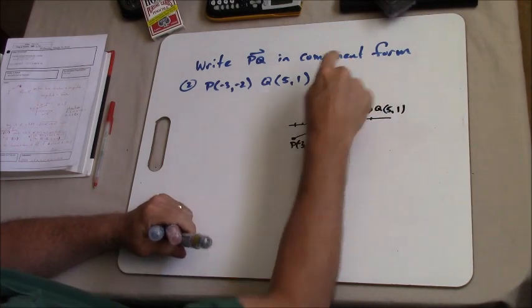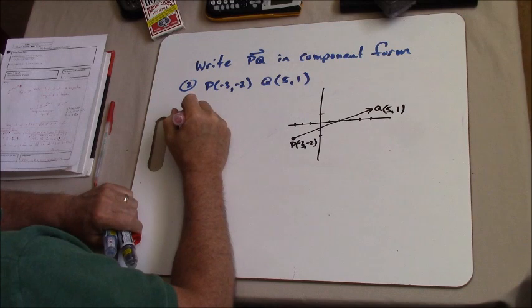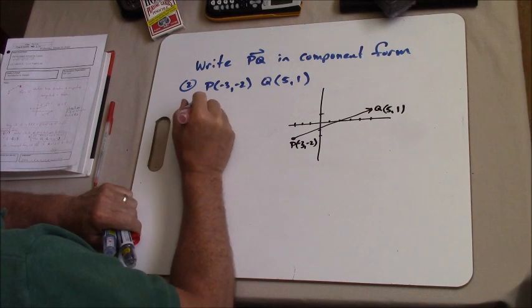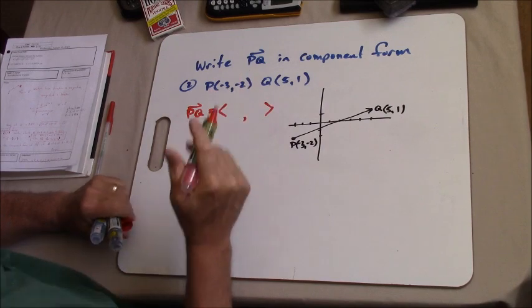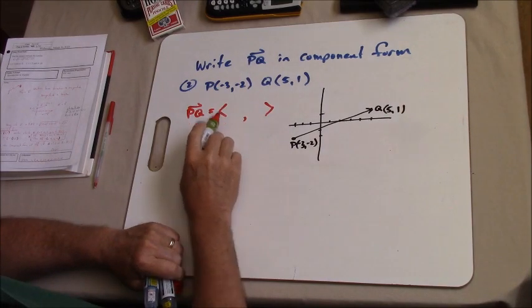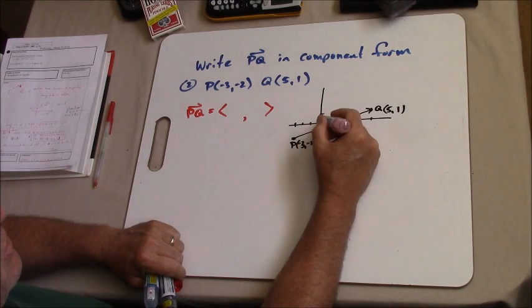So if I want to write this in component form, that means that the vector PQ is going to equal some xy coordinate where I'm going to put these less than, greater than signs in there, but I want it to start at 0, comma 0.